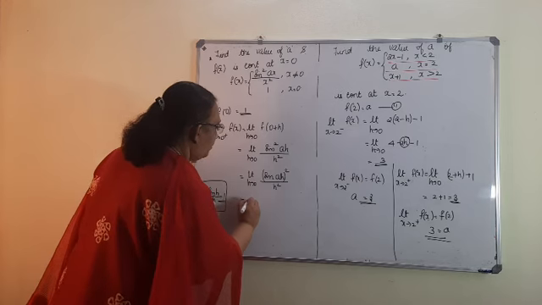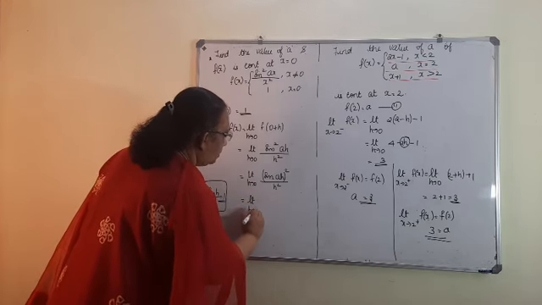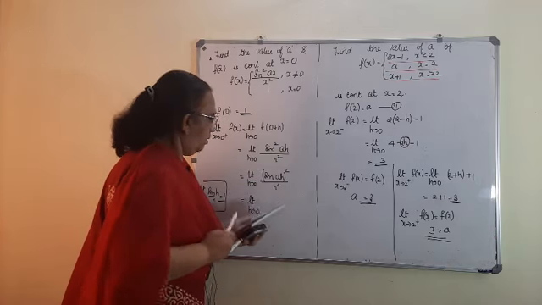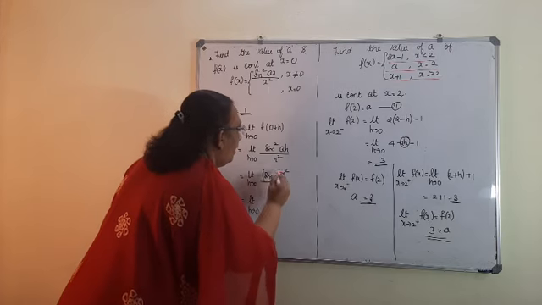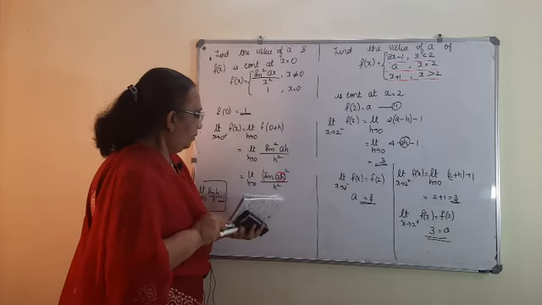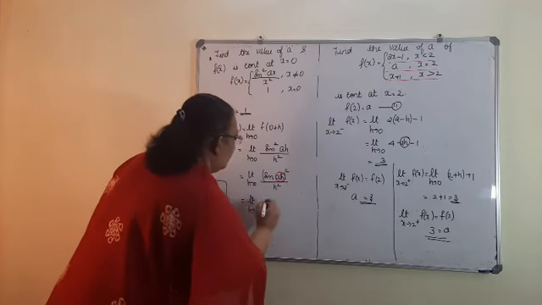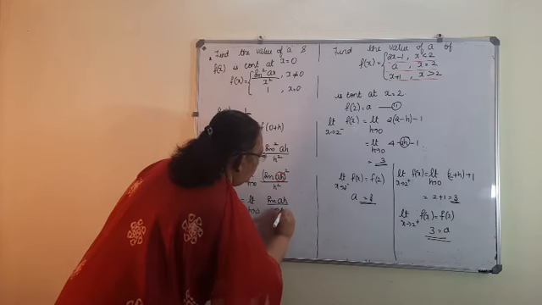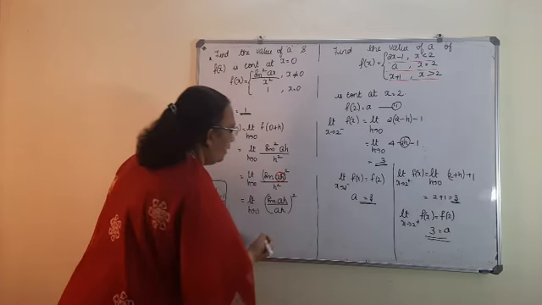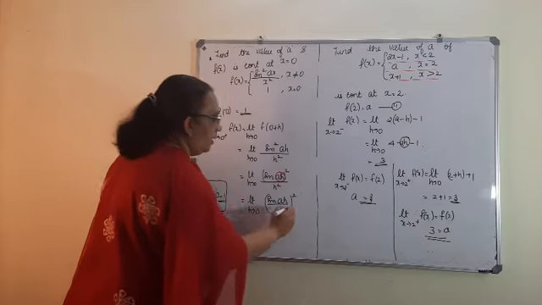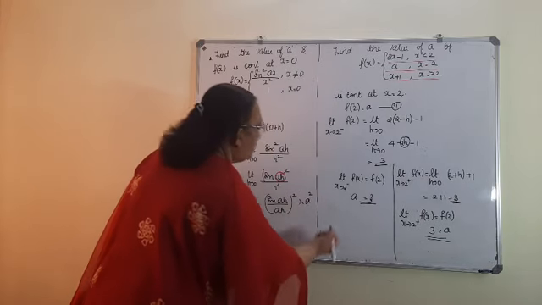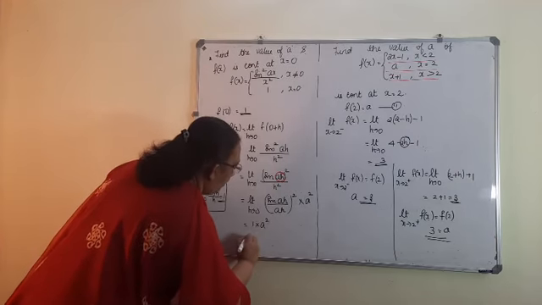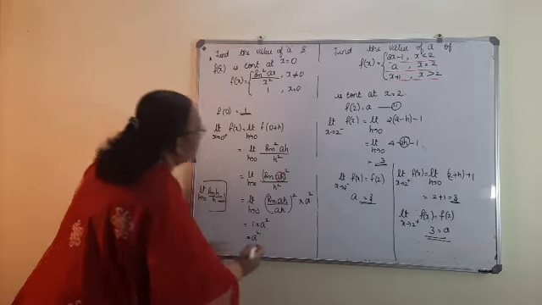So here I have to make a change. Limit h tending to 0. Here the angle is equal to ah. So what I will do is sine ah by ah the whole squared. So I have divided by A squared and multiplied the numerator by A squared, and that is equal to 1 into A squared, equal to A squared.